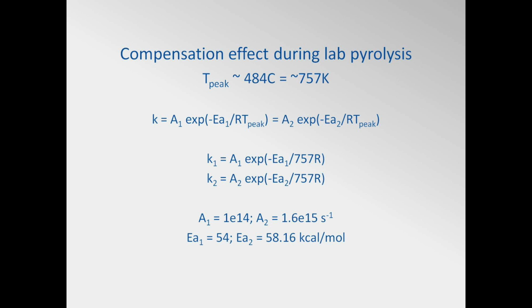Then, in order to get the same rate for an activation energy for the original case of 54 kilocalories, the activation energy for the second case must be 4.16 kilocalories higher, or 58.16 kilocalories. These two solutions will give us essentially identical fits under laboratory conditions.